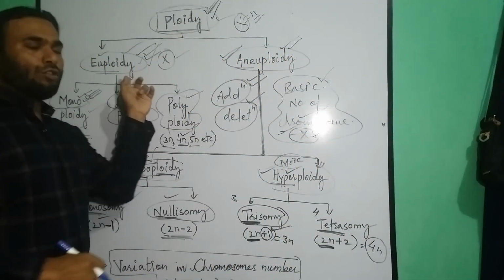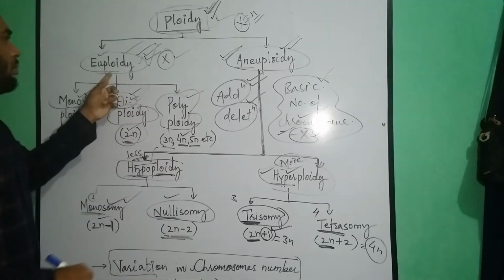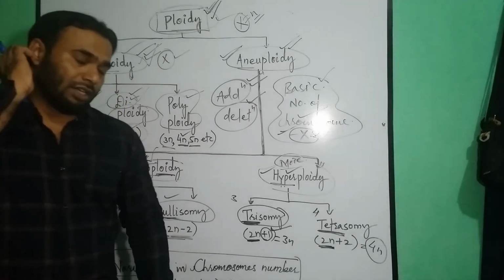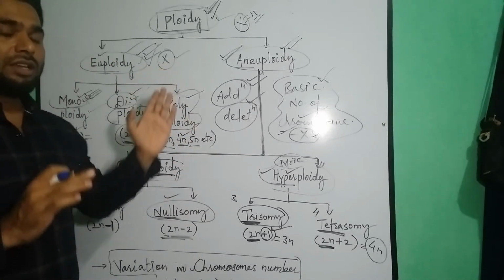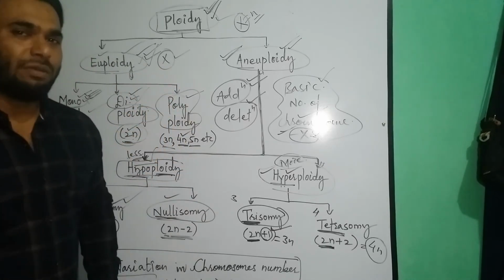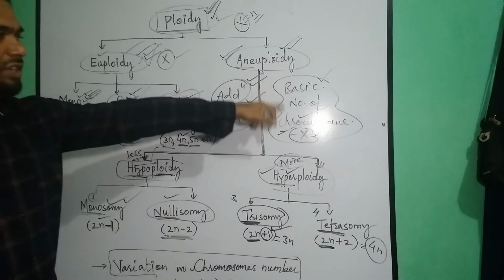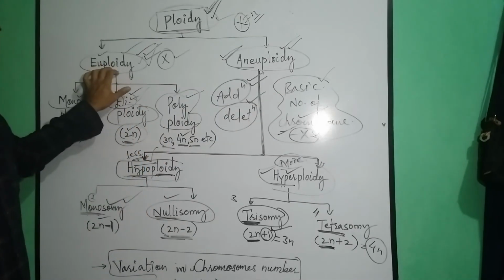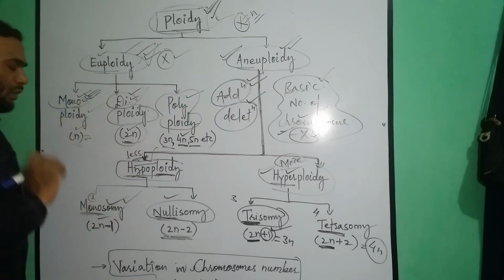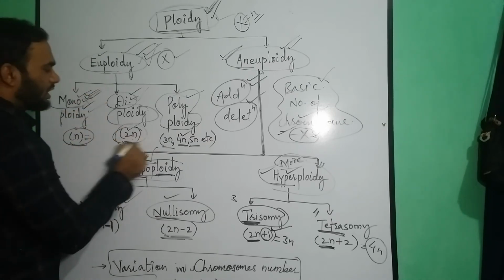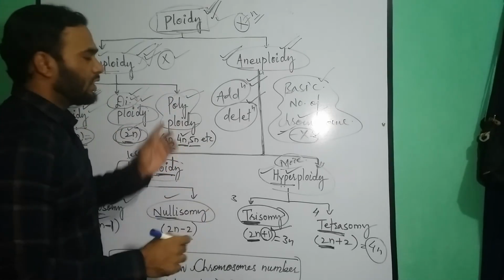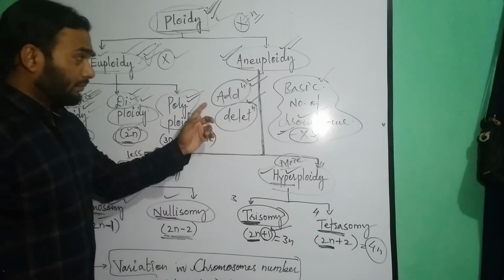Ploidy may be euploidy and aneuploidy. Euploidy is the pattern in which the number of chromosomes is exactly a multiple of the basic number of chromosomes. If one set of chromosomes is there, indicated by small n, it is called monoploidy. If two sets, diploidy. If more than two, it is called polyploidy.